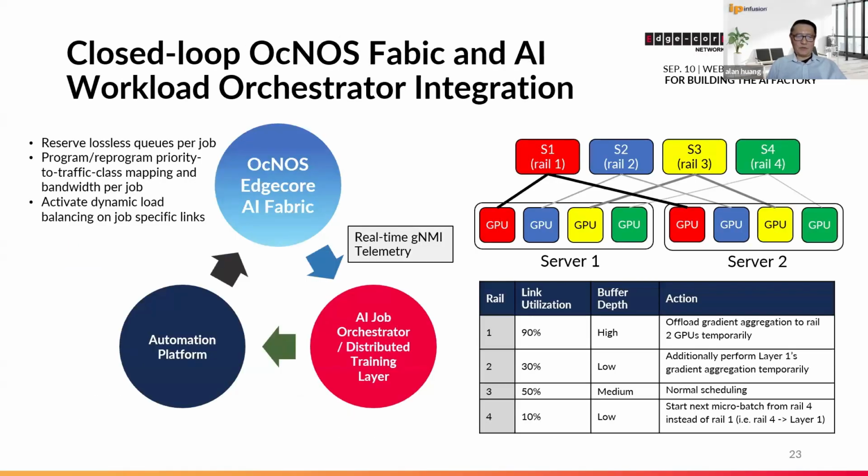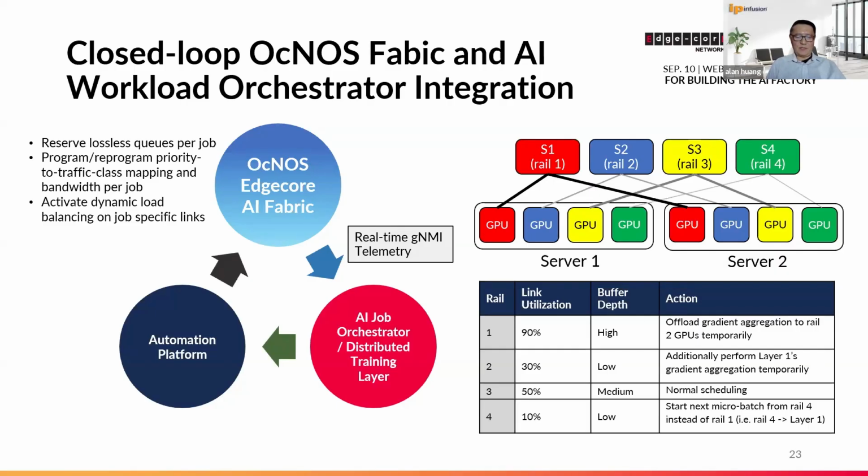And telemetry is also key in gluing everything together. Real-time telemetry enables the distributed training layer to optimize GPU utilization through fine-grained in-job scheduling adjustments. For example, on the right, there's a very simple rail architecture-based AI network.